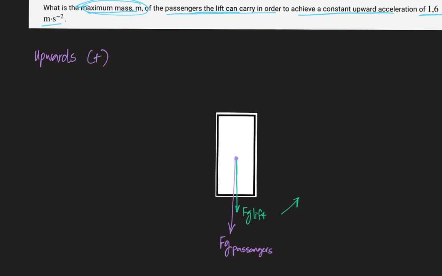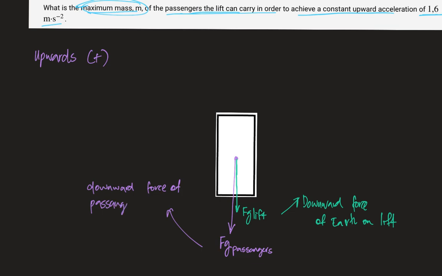So I can say that that one is my downward force of the earth on the lift, and the other one would be, just make a note here, the downward force of the passengers' weight.